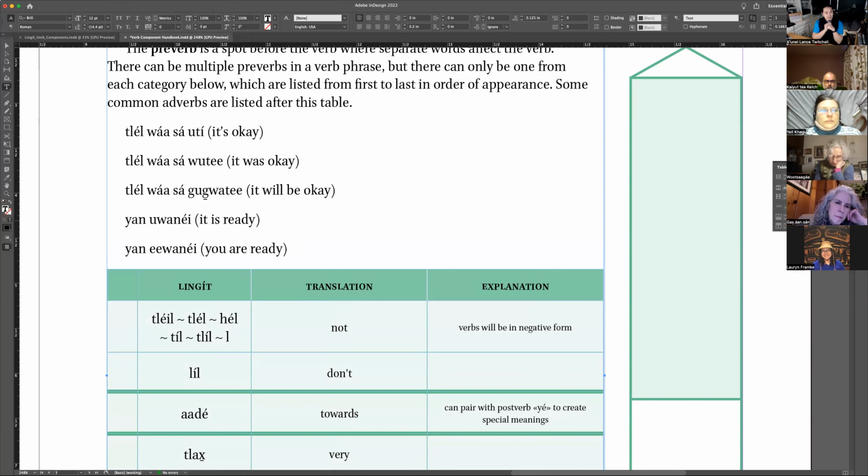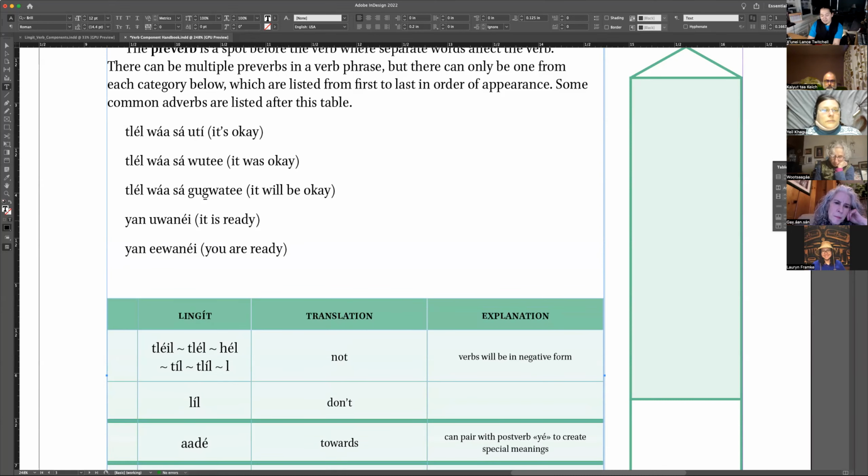Now that's a statement. That's a statement, right? And then you could say yan ge iwane, are you ready? And this could change to ye. Yan ge iwane, are you all ready?